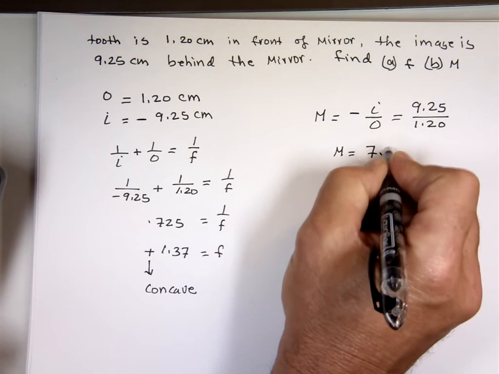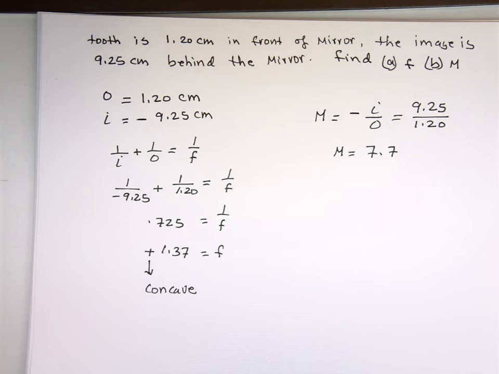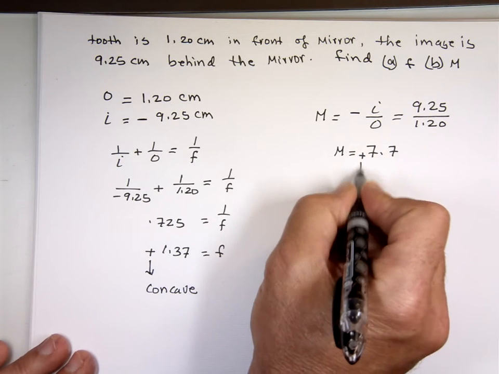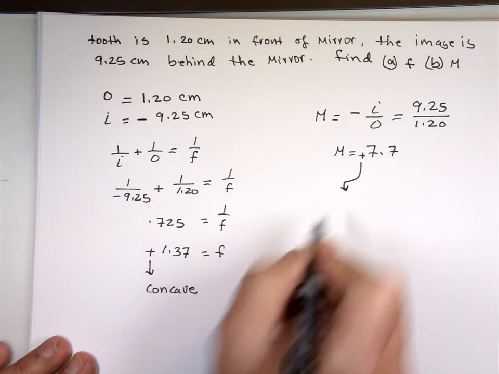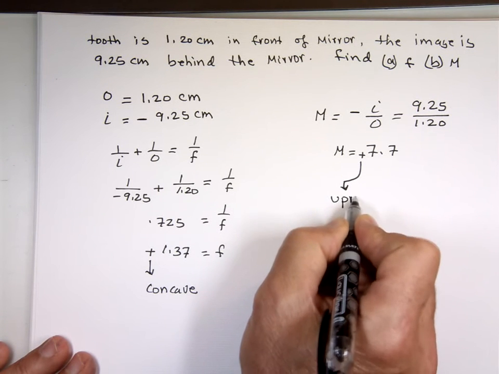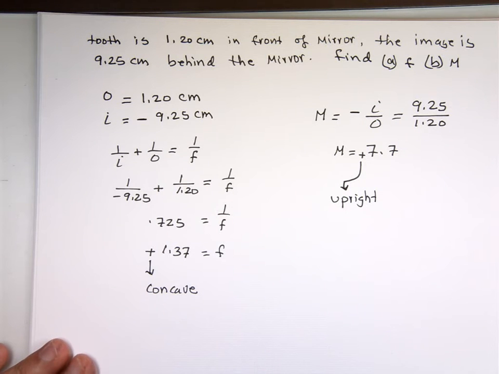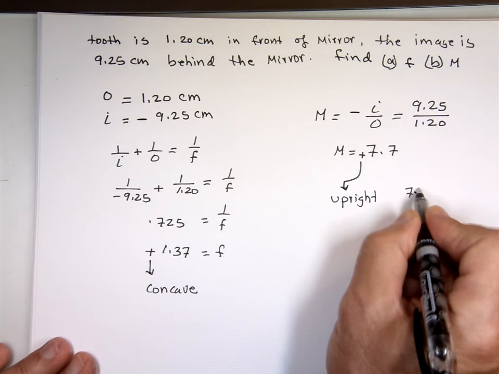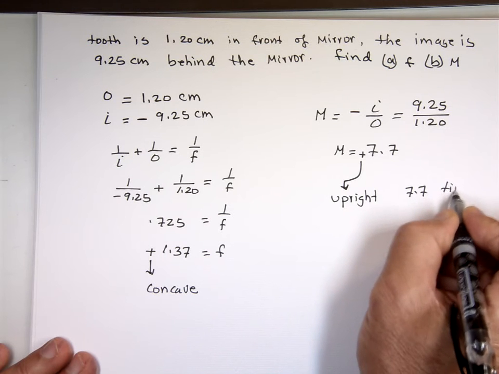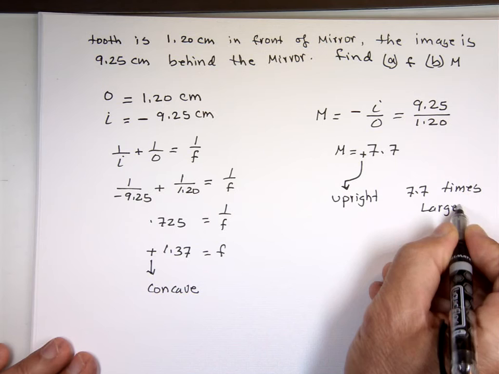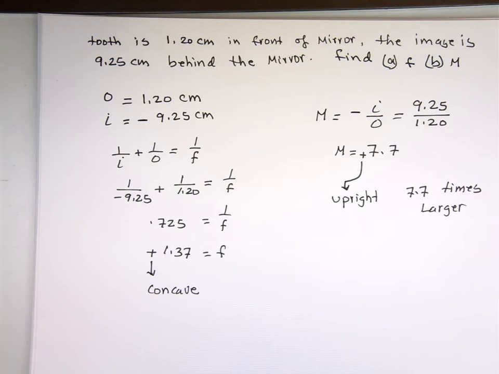Notice it's a plus. That tells me the tooth, when they look at the tooth, is what? It's upright, so it's not going to be upside down. And it's 7.7 times larger. It's almost 8 times bigger. So you can see everything on that tooth, that little tiny mirror that you look through.